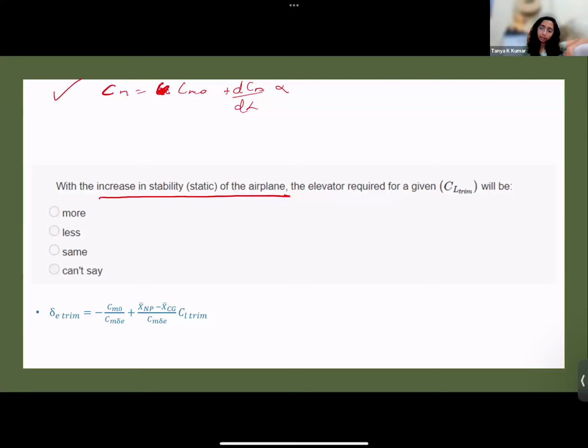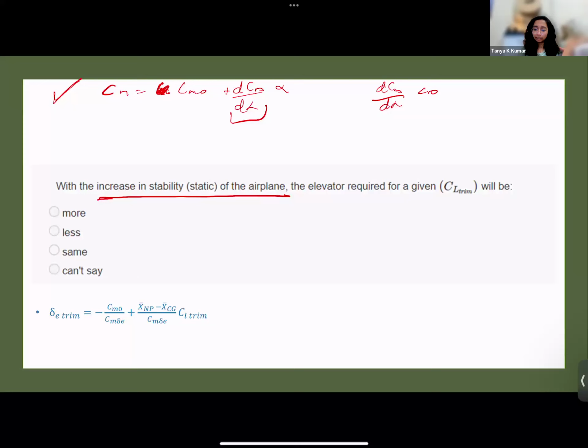The condition is dCM by d alpha should be less than 0. So when I say stability changes, this changes.